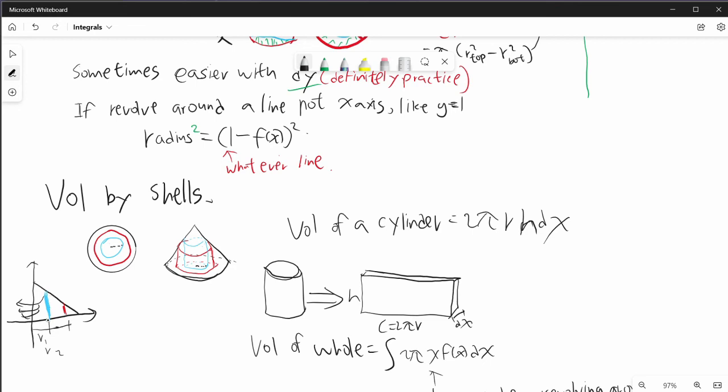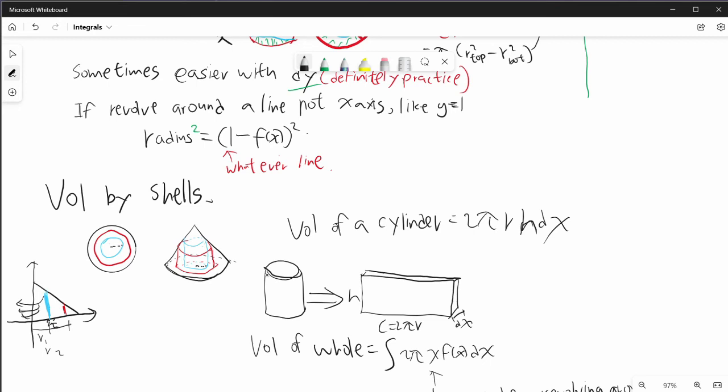This little line has a thickness of really small, let's say dx. And then same thing with the red line, just farther away, it has less of a height. It's bigger, but it's shorter.